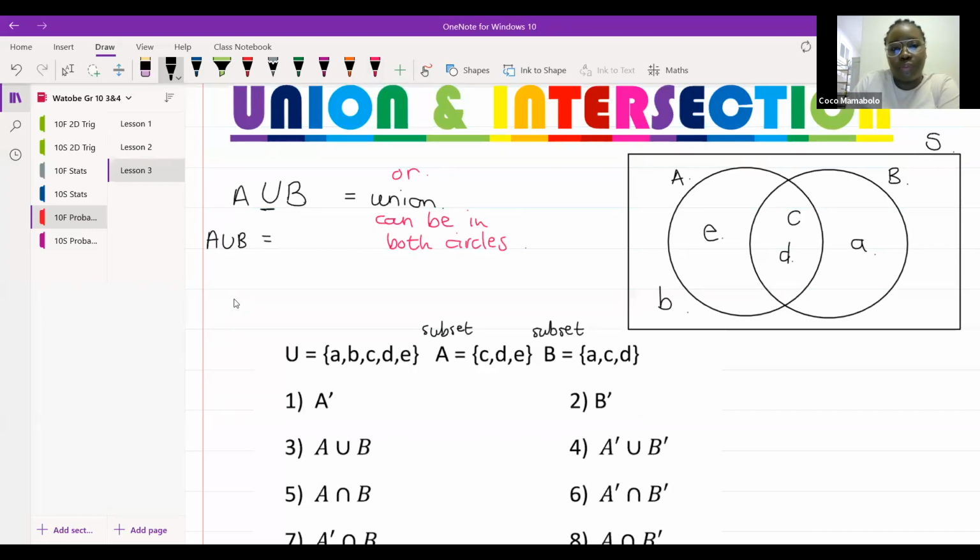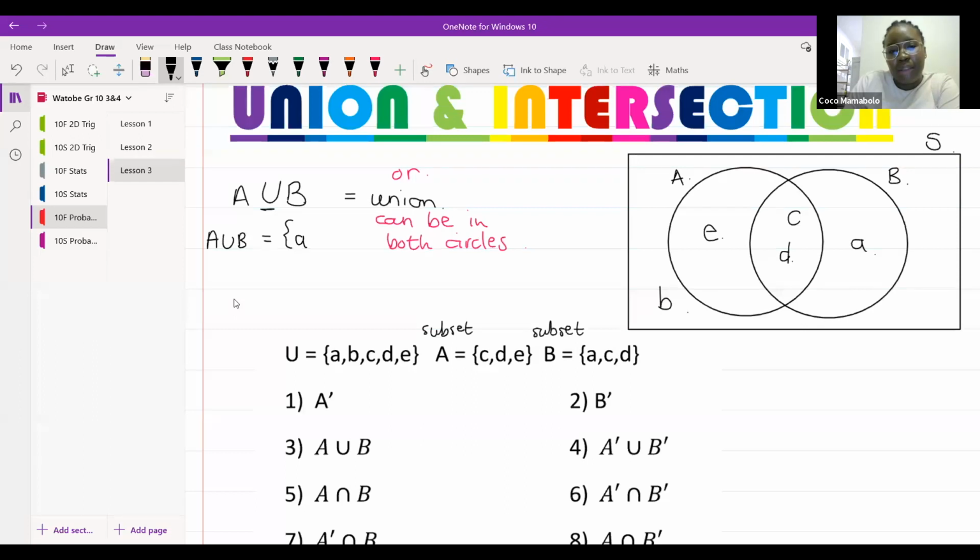Yes, Mfundo. Ma'am, wouldn't it be C and D? In all of them. It doesn't matter. You can be in both of them. You just have to be in one to be considered. So which ones would those be? You can be in any of the circles. It won't matter.